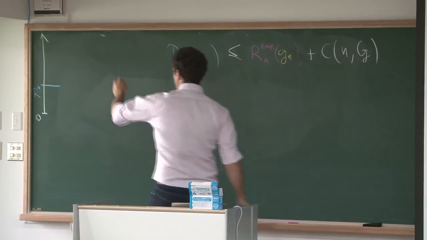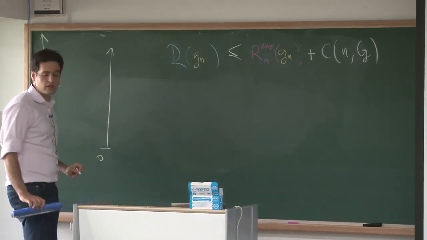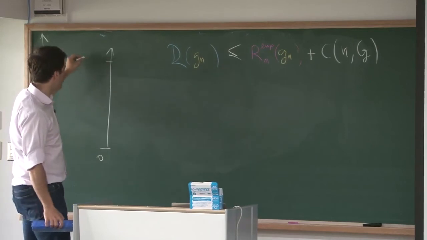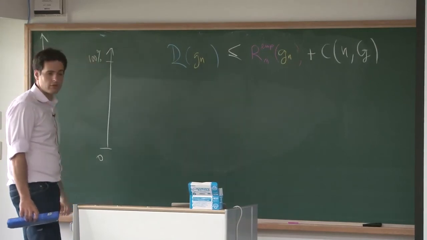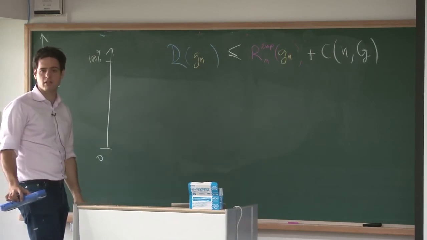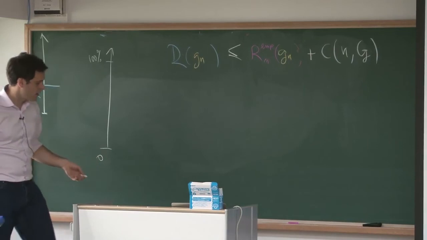So again, let's talk in percents. This is the error. So this is 1. Basically, I'm always making mistakes. I get everything wrong. And 0, I'm always right.